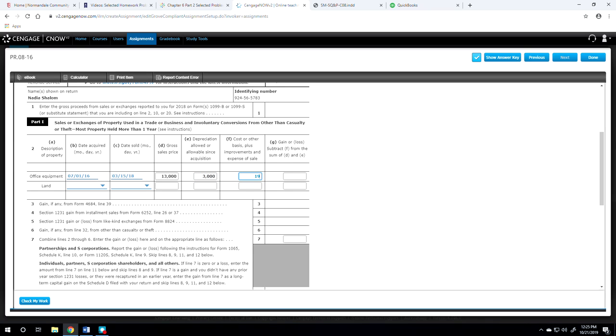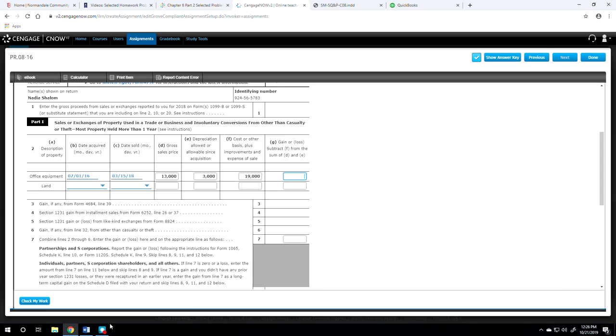The cost basis, $19,000. So what is my gain or loss? So cost minus depreciation, $16,000, right? And then we sold it for $13,000. So we sold it for less than its book value, which was $16,000.